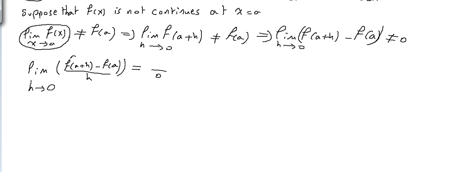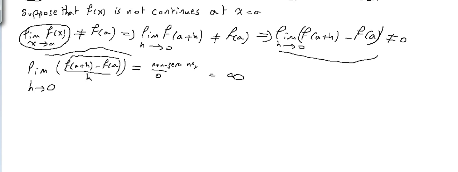And the numerator, f of a plus h minus f of a, we have it here, is not zero, so it's a non-zero number. What do we have as an answer if we divide a non-zero number over zero? The answer for sure is going to be infinity. And what does that mean? This means the derivative does not exist. This means this limit here does not exist.